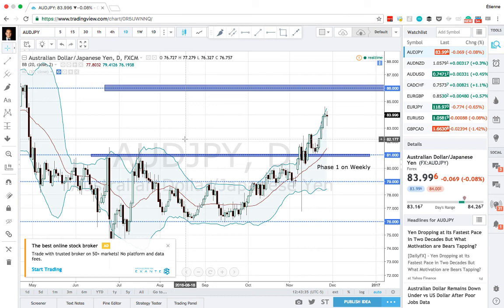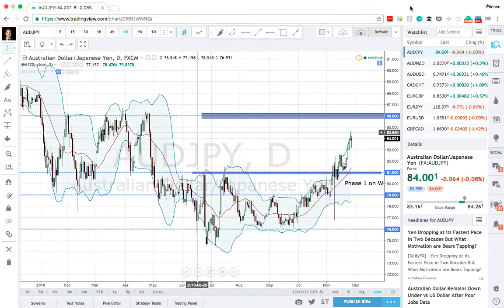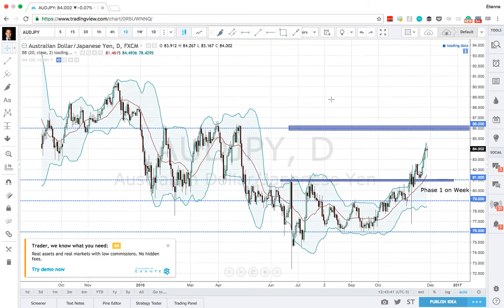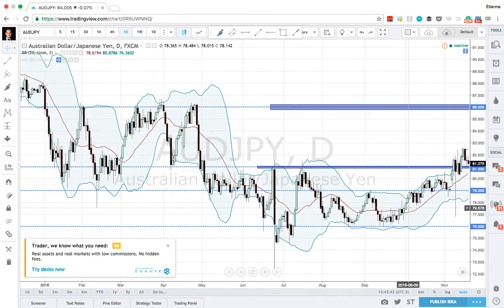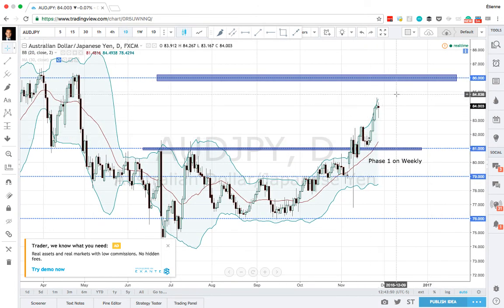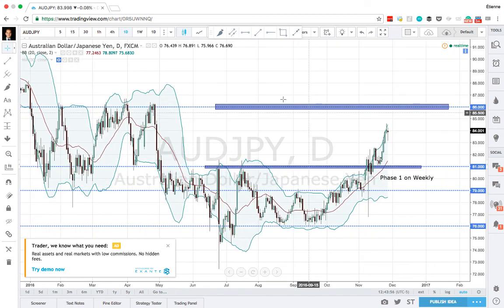Good. So AUDJPY, we talked about that last week. And it's pretty simple. Pretty much the same thing happening. As I said, there's this 86 level that we're waiting for price to go to, which is slowly getting there. It might take a few days, maybe a few weeks, but we'll get there at one point. And this is really the area where we want to trade. In between, there's not much trade to do.